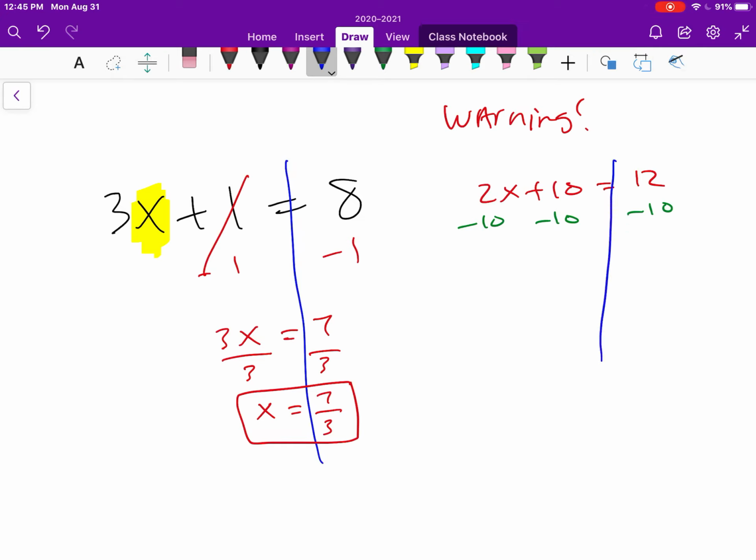You cannot, I repeat, you cannot repeat the value underneath an x. The reason for that is because we're only applying it to real values. So 10 and 12 are real values. Now this x, think of it as an x friend. Obviously, you don't mix your x friends with your real friends. So you want to have them in the same spot.